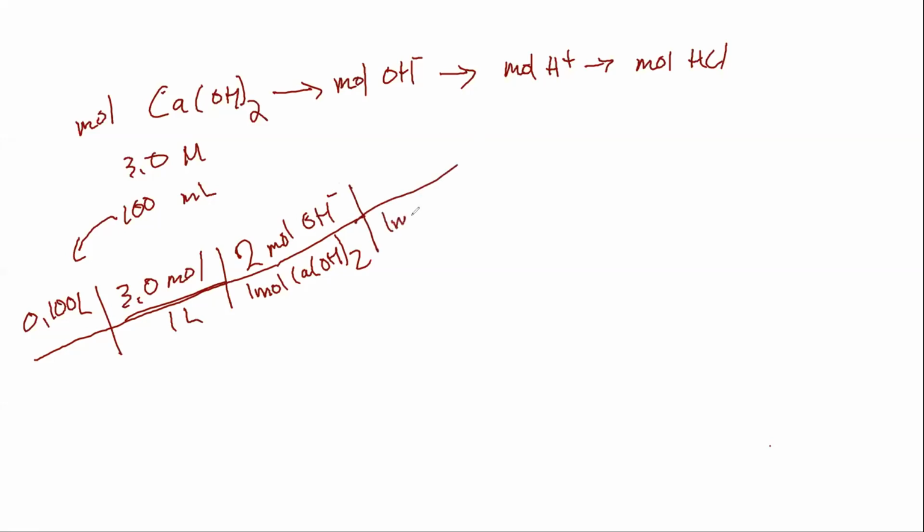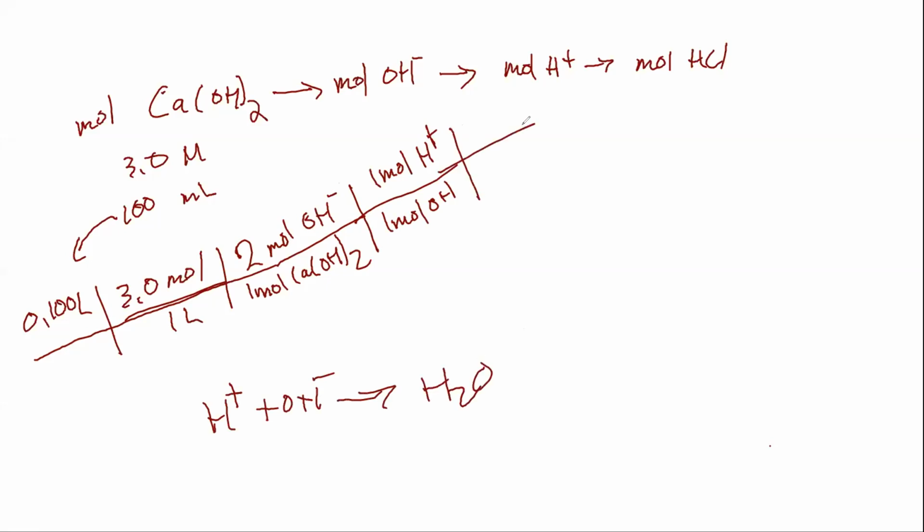I know that 1 mole of hydroxide needs 1 mole of H plus, and that's from our H plus and OH minus going to water. And we know 1 mole of H plus comes from 1 mole of HCl. And so now I can change all of that to get my moles of my HCl.